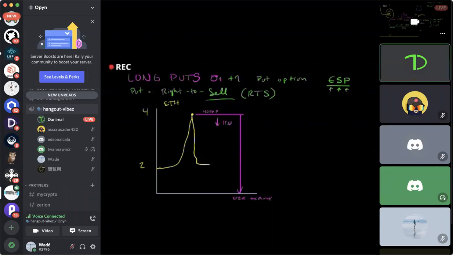You could do one of two things. You could just sell the option, or you could exercise the option. And as we just talked about, if you exercise it, then you're just going to have the net result of selling 1 ETH at 4K.